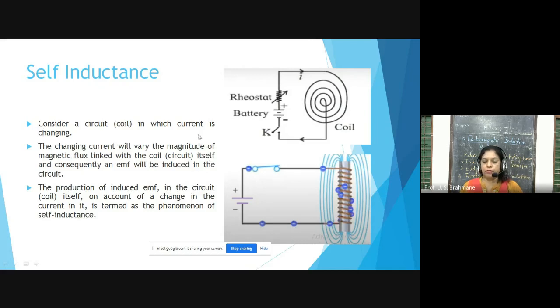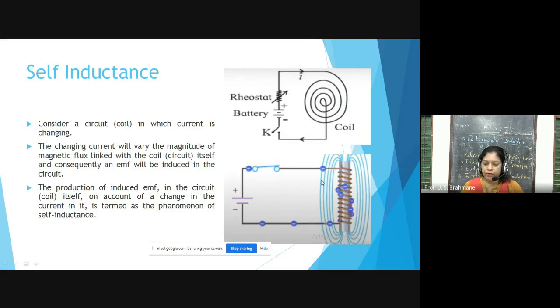So I told you that because of the current, the induced EMF is there in the circuit. Now what is the phenomenon of self-induction? See here, there is an animation, a diagram. The coil is taken like this, and when this key is closed, the current starts flowing in this direction.